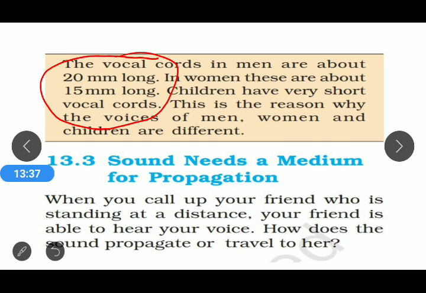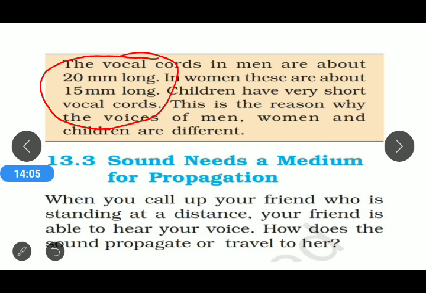So in that way we can say that humans produce sound with the help of the larynx or the voice box. In the voice box or larynx we have the vocal cords. When the air passes through the vocal cords, they get vibrated, and when they get vibrated, then they can produce the sound.